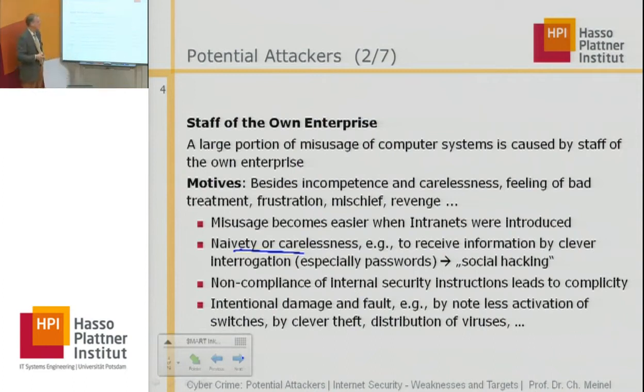Intentional damage and faults, for example by malicious activation of switches, by clever theft, or by distributing viruses, are very important. A typical situation is that one works with an administrator and needs big data from an external place, and usually it's not allowed because of regulations by the firewall.